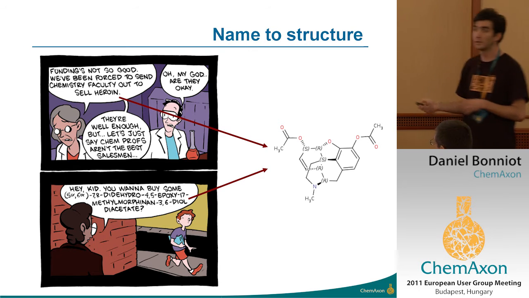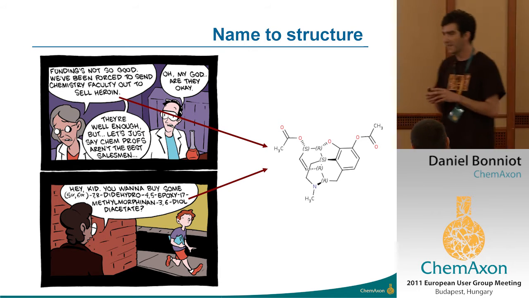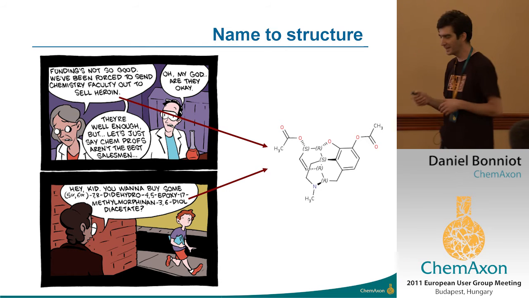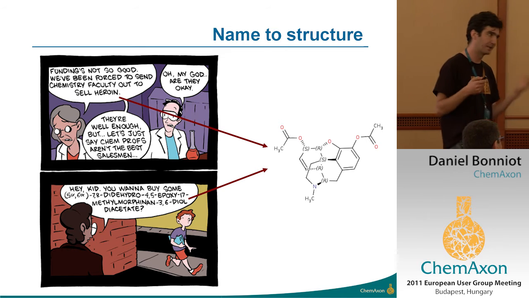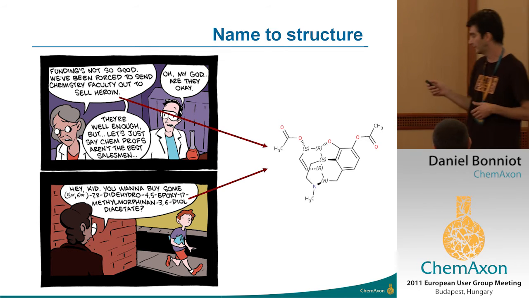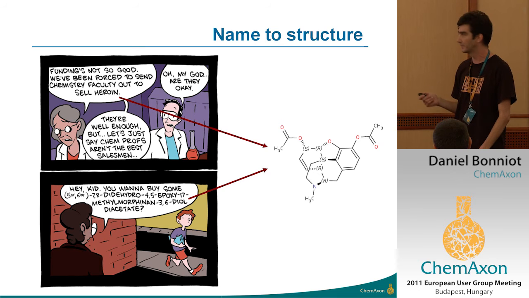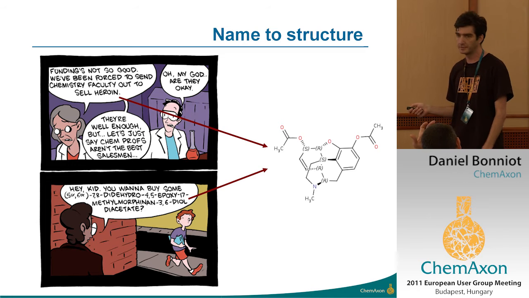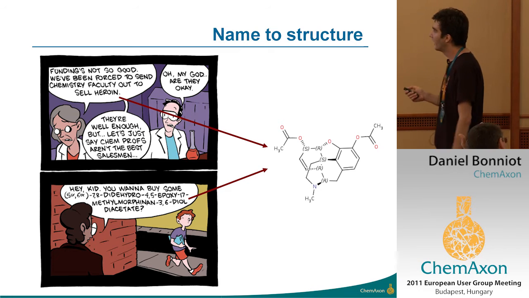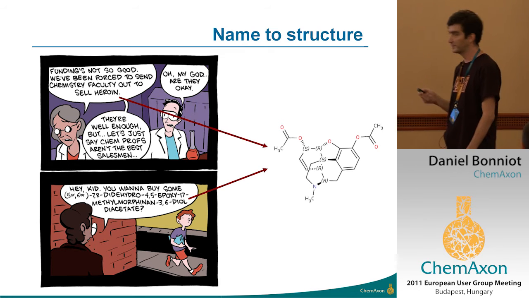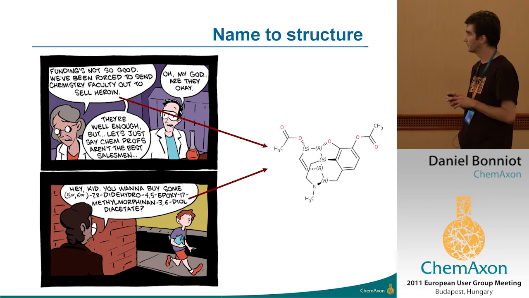Now, if you imagine that you have a lot of documents in your database, and maybe also patents and things like that, you will actually see quite similar kinds of names in patents. So also the traditional names or common names, drug names, but also you'll find a lot of IUPAC and systematic names. So you would like to be able to do this automatically and not just type it or copy-paste it.